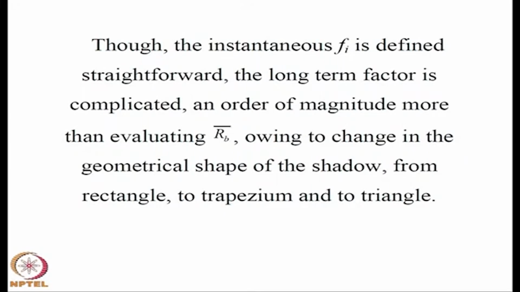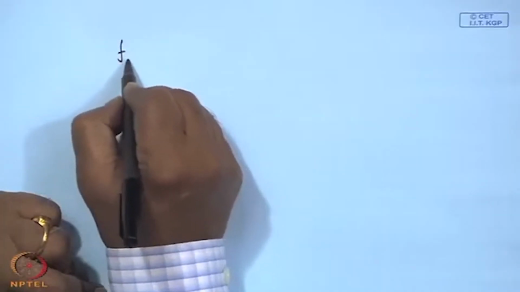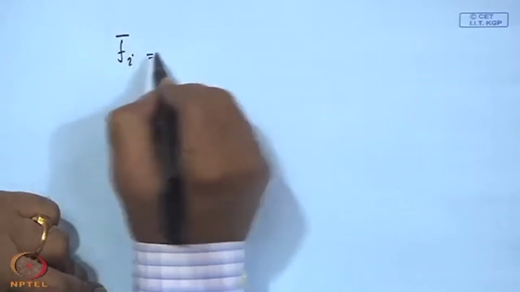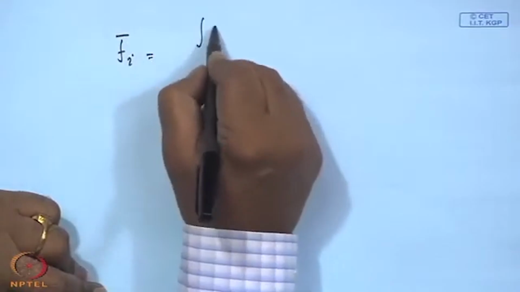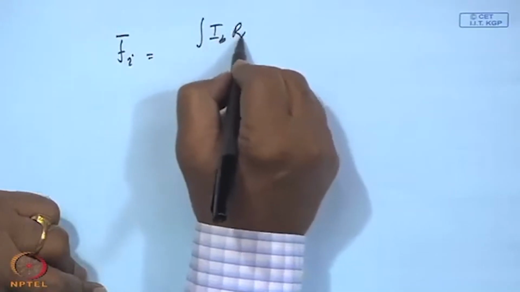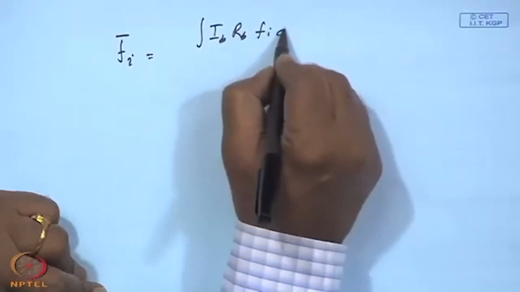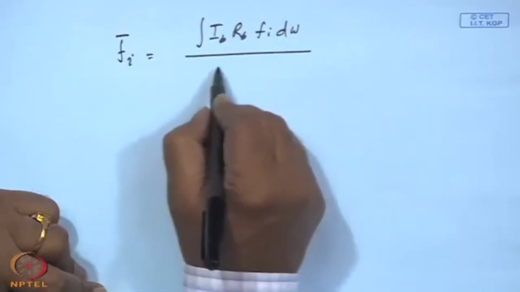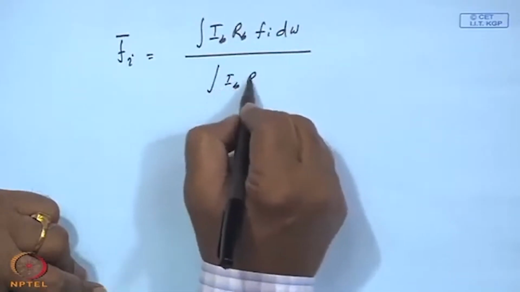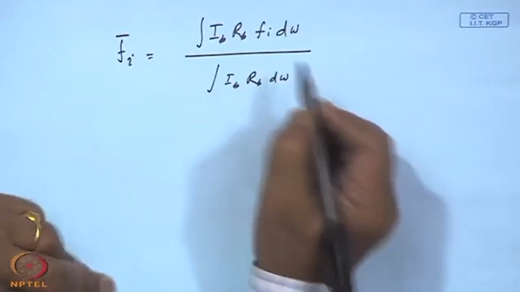So, if you want a long term value, you can always have F I bar, integral I b R b F I d omega upon integral I b R b d omega.